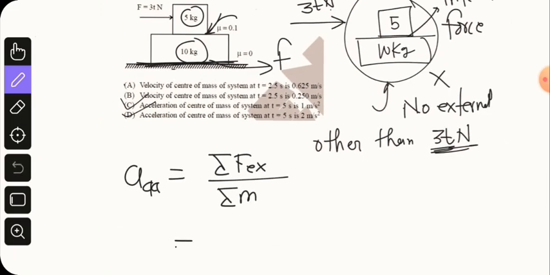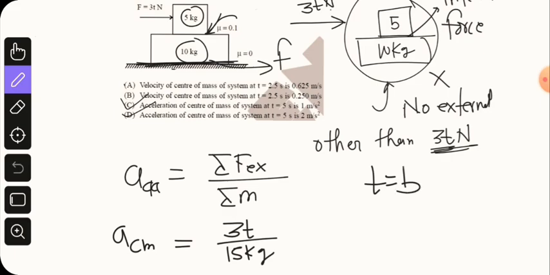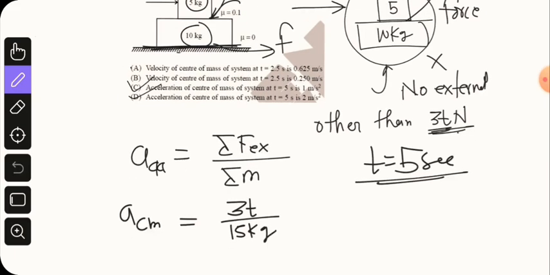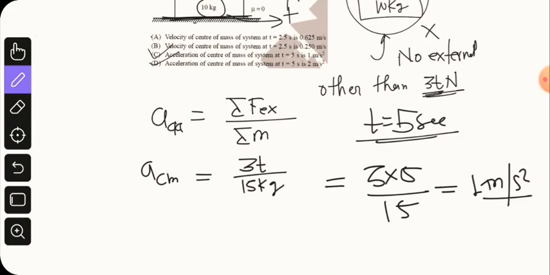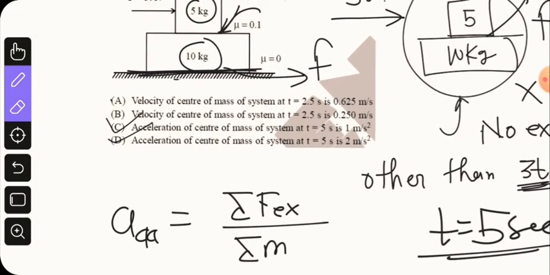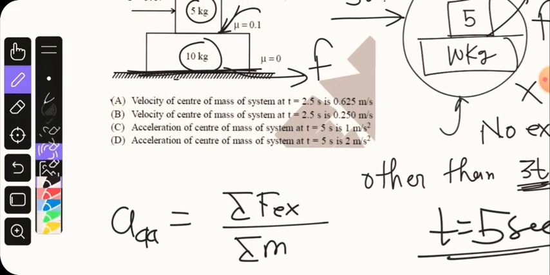So the total external force is 3t and the total mass of the system is 15 kg, right? This is the acceleration of the center of mass, and they have asked about it at t equal to 5 seconds. So put t equal to 5 and you will get 3 into 5 divided by 15, and that is 1 meter per second squared. So the correct option out of C and D will be C.